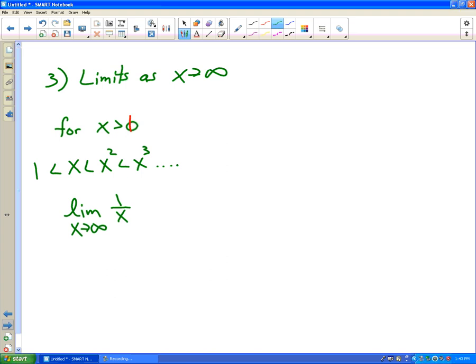What is my y getting closer to as I let that x get larger and larger? Yes, 0. As x gets larger here, approaches positive infinity, my y value is getting smaller and smaller. 1 over 1,000, 1 over a million, 1 over 10 million. It approaches 0, it doesn't get to 0.